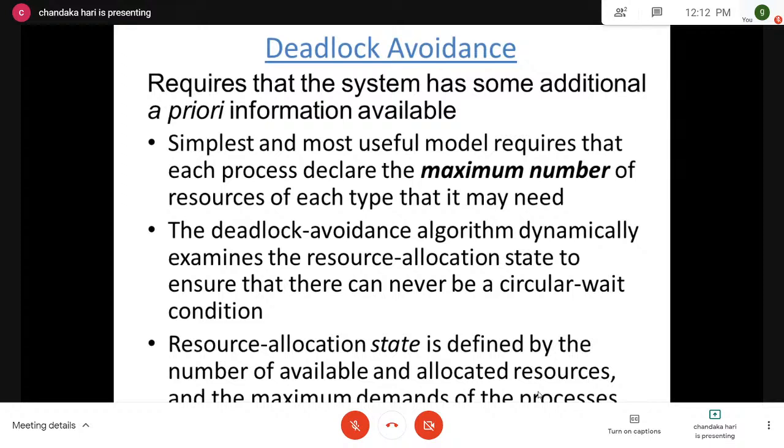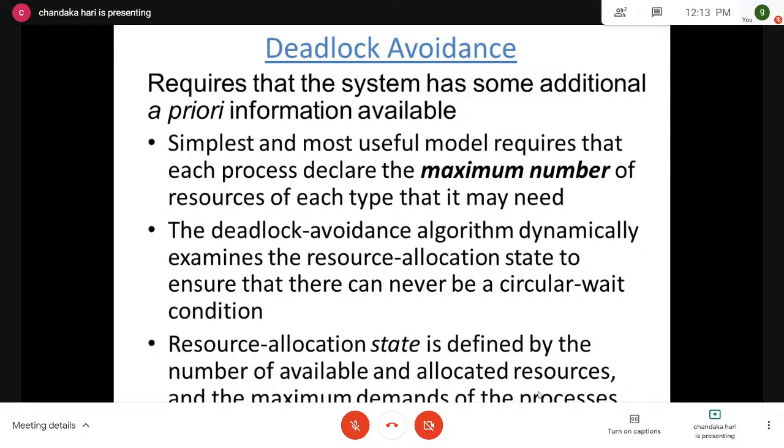So the CPU has to schedule the jobs in such a way that it defines a safe sequence, an order of execution of processes, such that the currently available resources satisfy any one of the waiting processes.